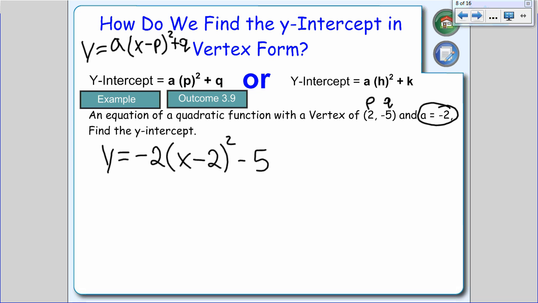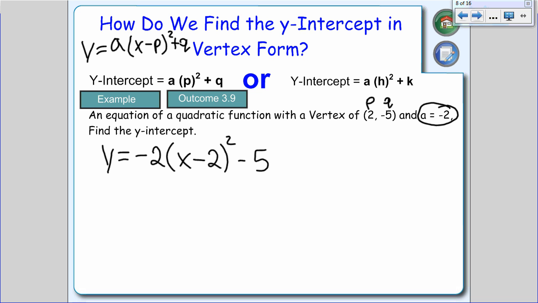This isn't general form though. So to find your y-intercept, you make x equal to 0, and then solve. It's the actual x that is 0, not the brackets.